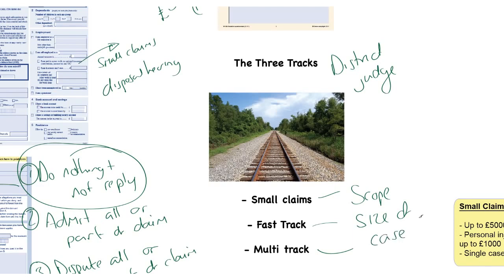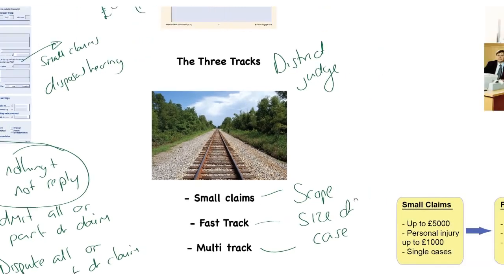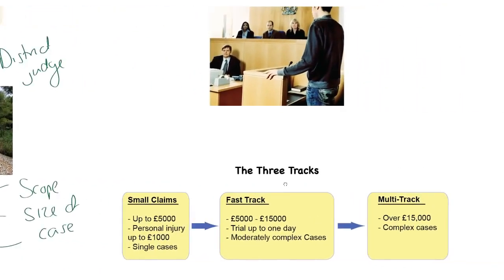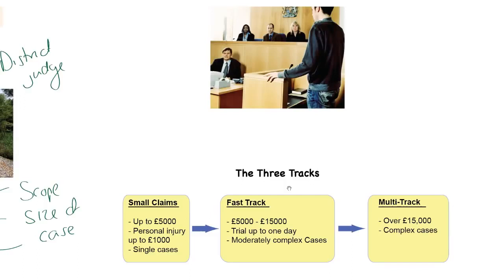Now, very, very frequently, AQA certainly will ask questions about the 3 tracks. And normally that's done by looking at the scenario and then expecting you to recognise what the likely damages are from this scenario, and from understanding the likely damages to be able to identify which track you'll go to.